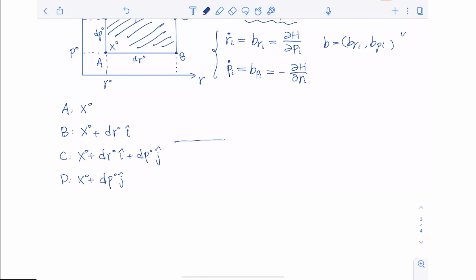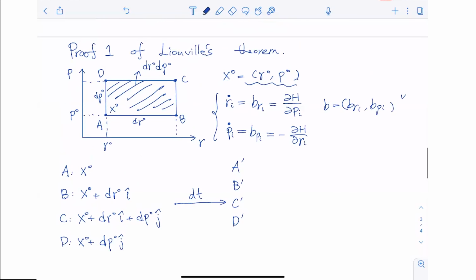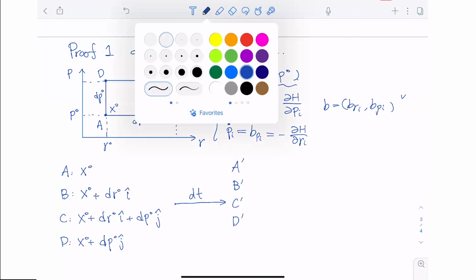So we ask, after a time evolution, maybe a relatively short one, where these points A, B, C, D will end up. That's denoted by A prime, B prime, C prime, D prime. Let me erase this part, so as not to make things too complicated.